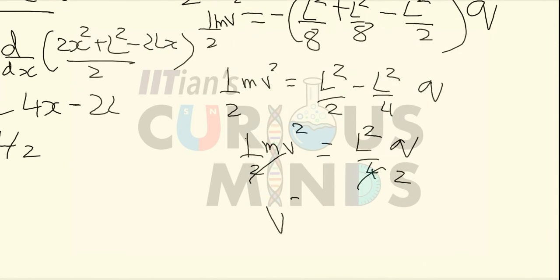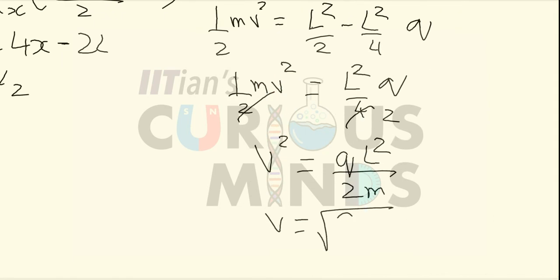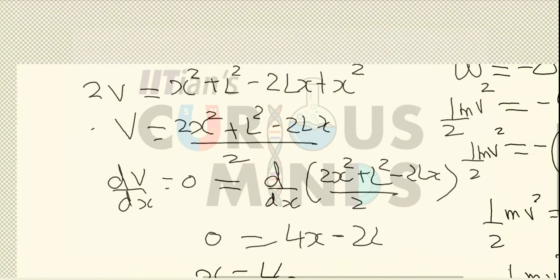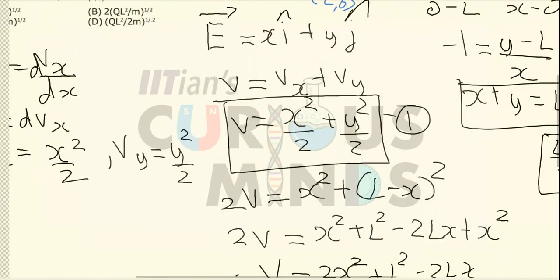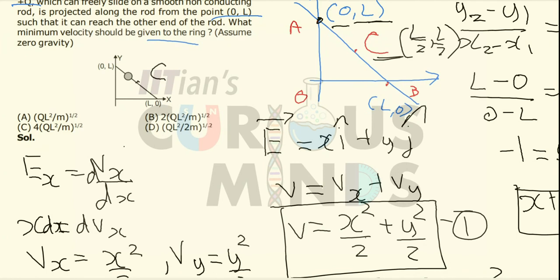So v square is equal to q L square divided by 2m, or v will be equal to root of q L square divided by 2m. This is the minimum velocity that should be given, q L square divided by 2m, the whole raised to half, which is option number D.